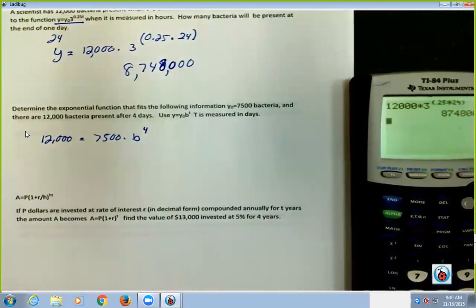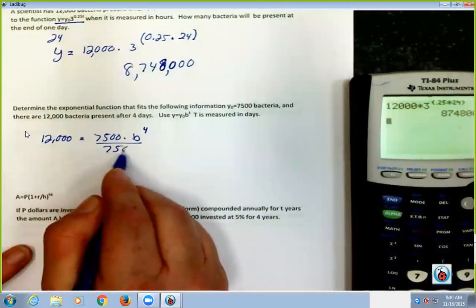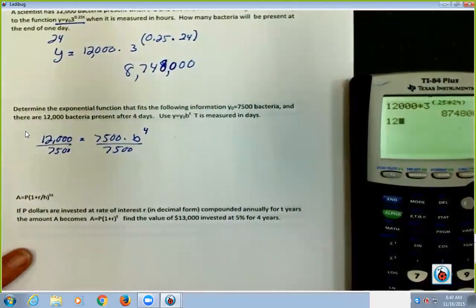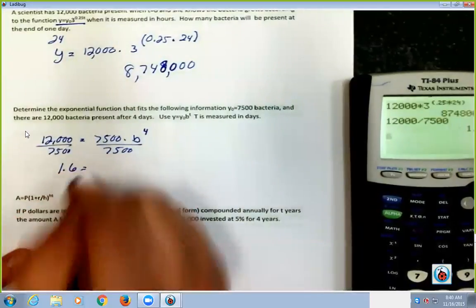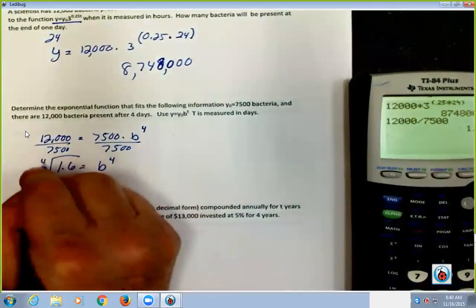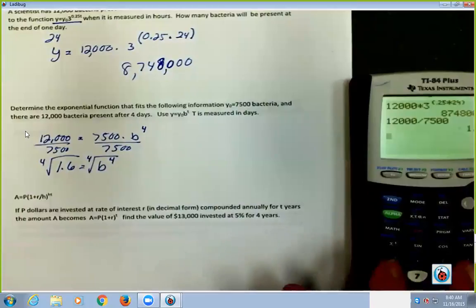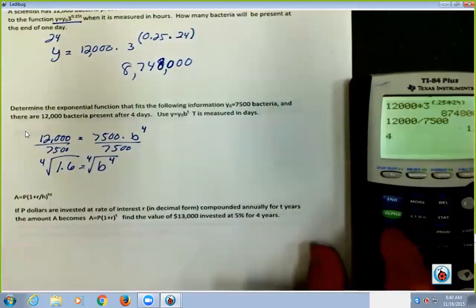So let's see what we get. Divide by 7,500 and get 1.6 is equal to B to the 4th. Take the 4th root of each side. I need to go into my math, but in order to use it, I need to tell it 4 first.